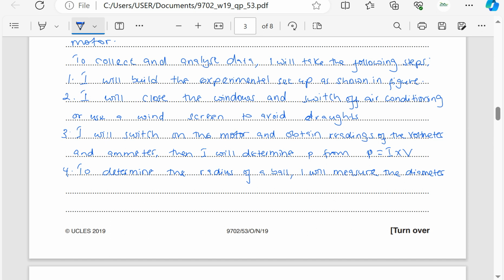Let me call the diameter D. I will measure the diameter D of the plastic ball using a micrometer screw gauge.